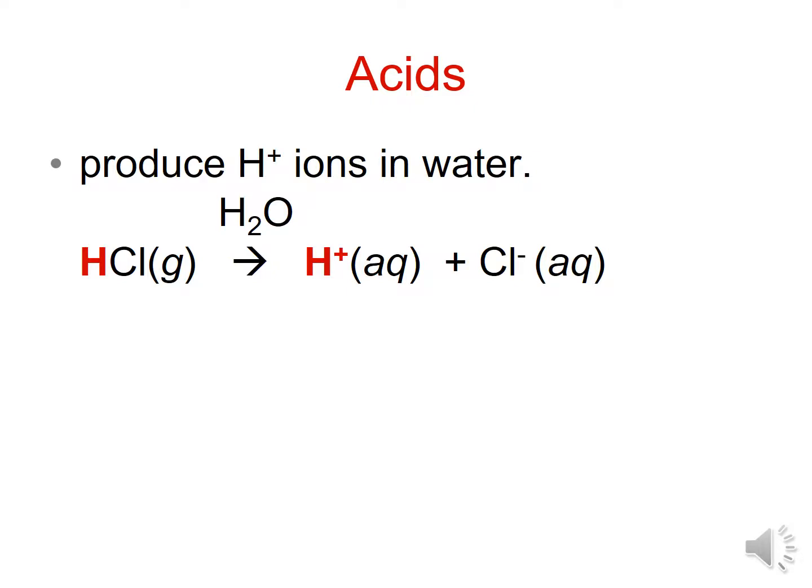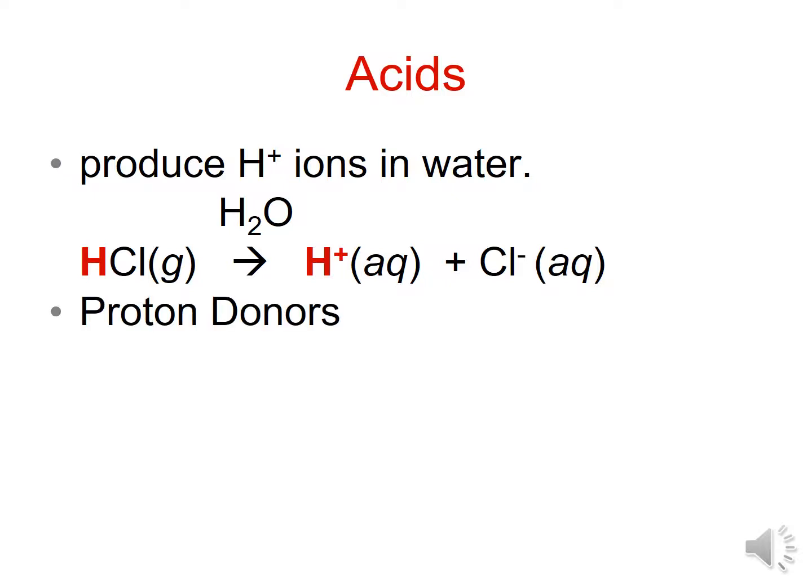Let's start with acids. Acids produce H+ ions in water. For example, when HCl gas dissolves in water, the HCl molecules will be broken by the polar water molecules. HCl is polar, and it will be pulled apart, and the two parts will be H+ aqueous and Cl- aqueous ions.